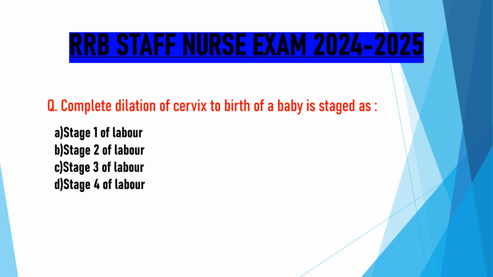Complete dilation of cervix to birth of a baby is staged as stage 1 of labor, stage 2 of labor, stage 3 of labor, stage 4 of labor. So the answer is stage 2 of labor.